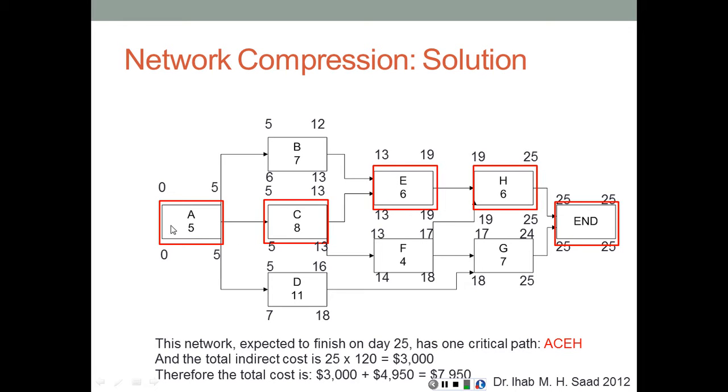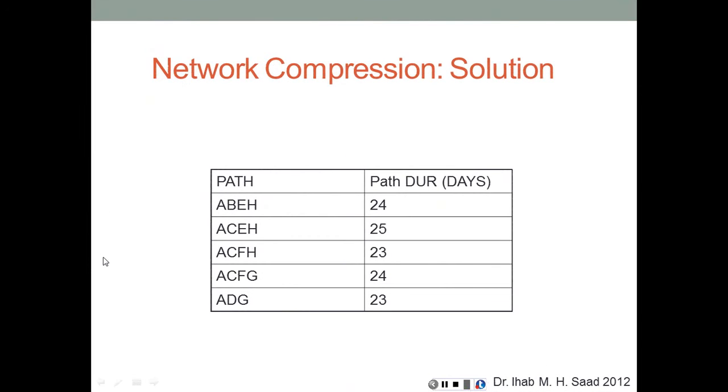Same thing here. If the 2 top paths did not exist, or 3 top paths did not exist, and we had only A, D, G, then activity G would start on day 16 and end on day 23, and the project would end on day 23. That's how we determine the length of each path.